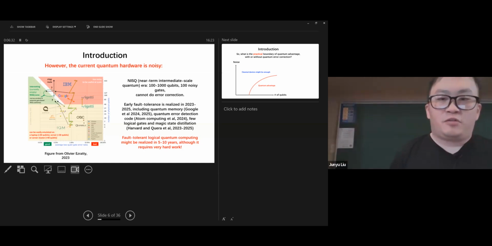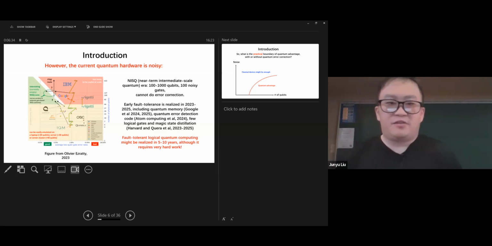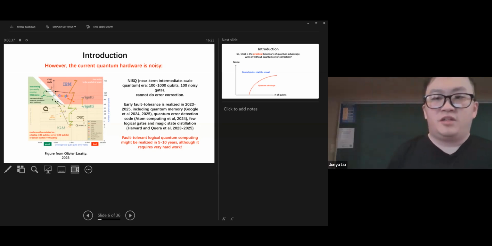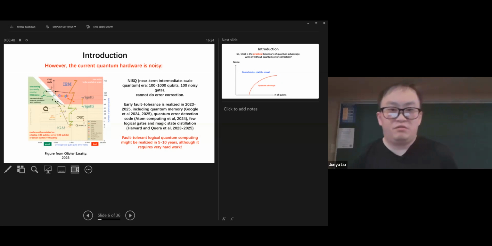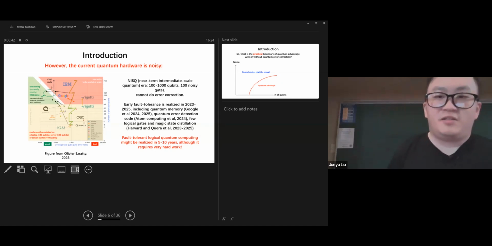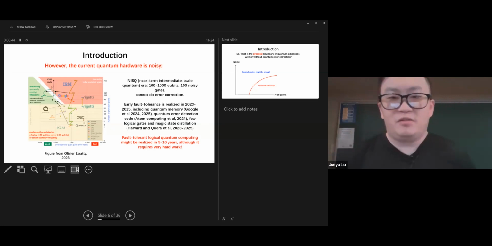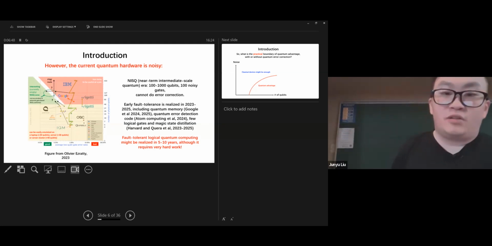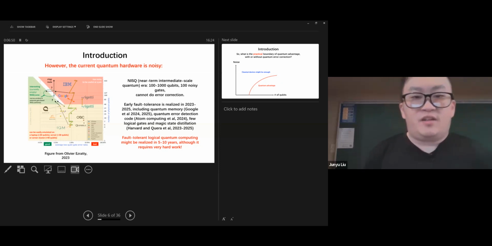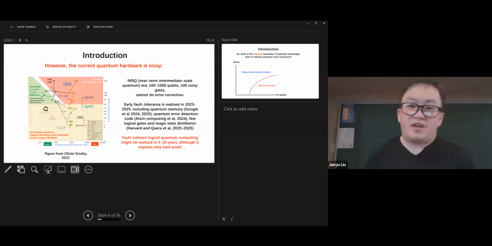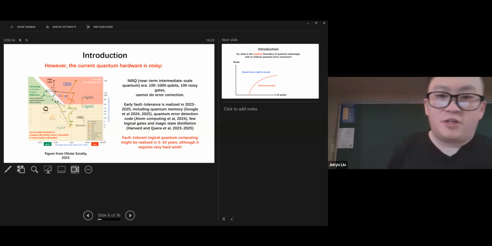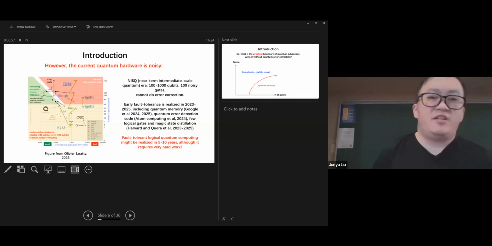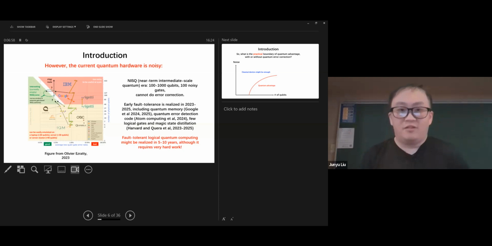There are some early fault-tolerant experiments that have been realized recently, from 2023 to this year. There are lots of experiments going on, including Google's experiments about quantum memory and also quantum error detection codes, and a few logical gates that can be applied to the quantum memory, and also some experiments about magic state distillation and related methods.